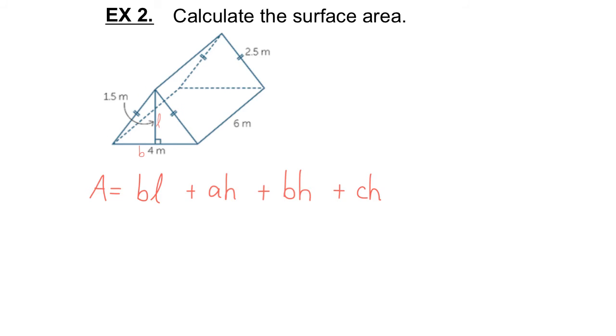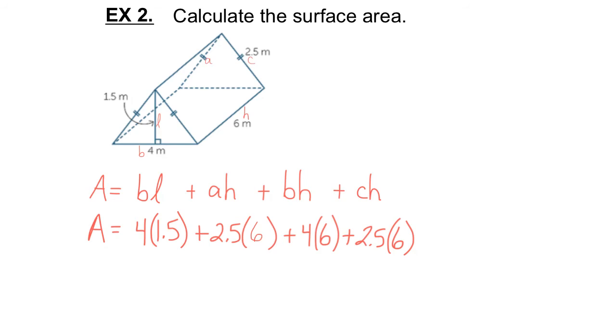Now in this case, they're the same, and we're told it's 2.5 meters. So A and C are both 2.5. H is the height of the prism, which is 6 meters. So we want to make sure our labels are correct according to the formula sheet. Now we can just plug in our numbers to the formula and solve.